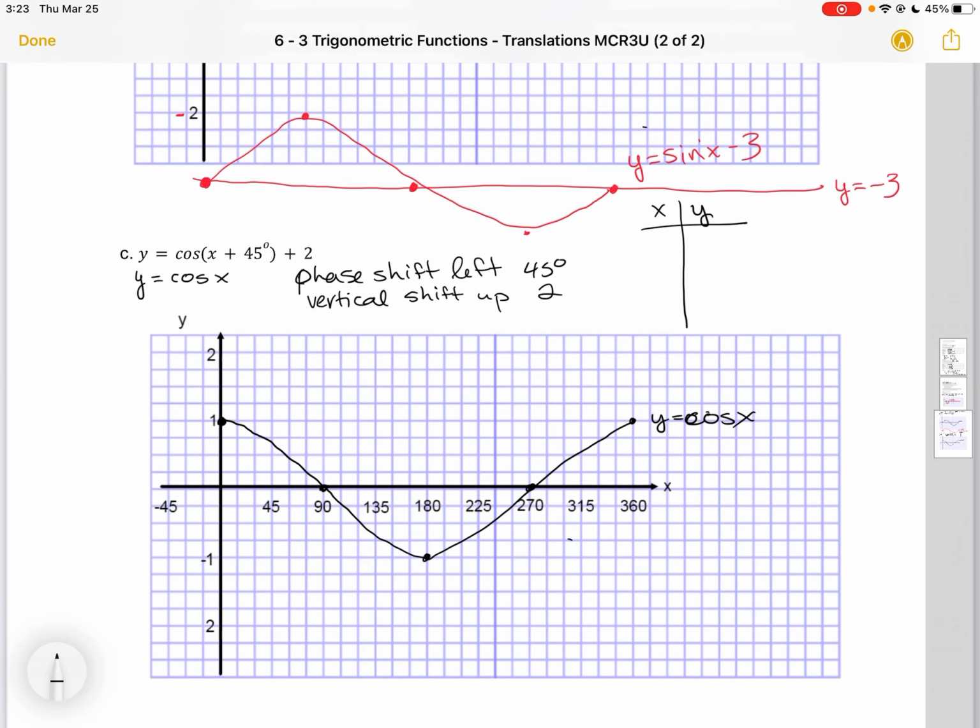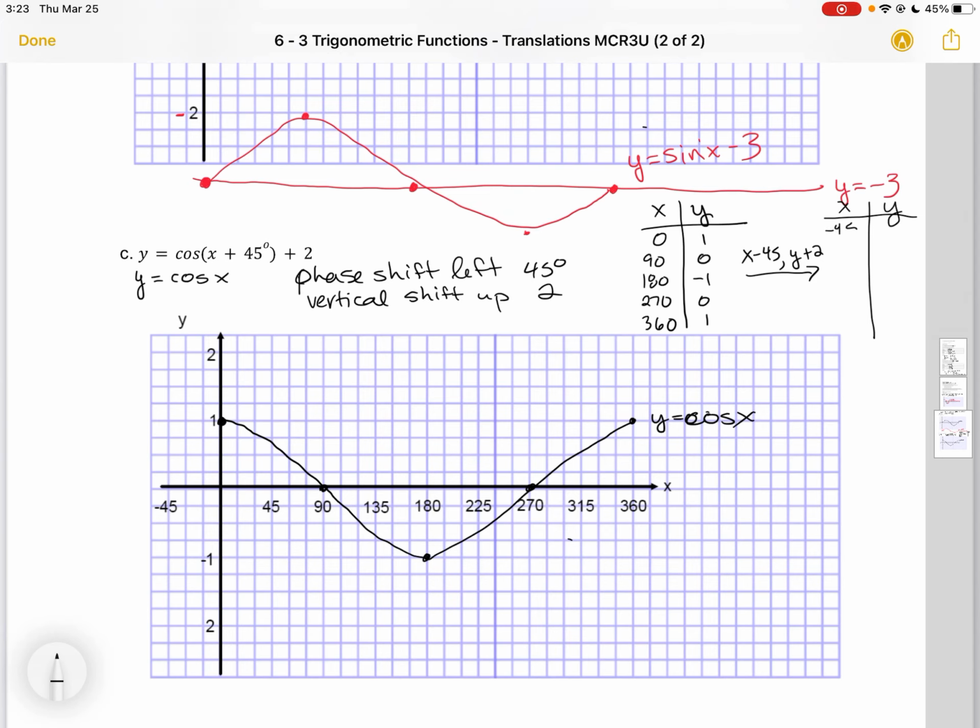But if I put in all my x coordinates here, so I've got 0, 90, 180, 270, and 360, and I put in my y's, 1, 0, minus 1, 0, 1. Really what I'm doing is I'm taking x and subtracting 45, and I'm taking y and adding 2. That's going to bring me to a new table of values.